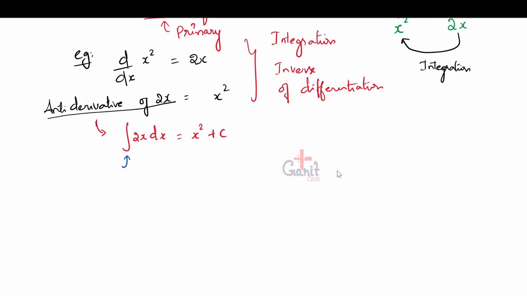This is nothing but the summation symbol, and we'll talk about that summation symbol in the introduction of integration in another video. And this c is the constant of integration.